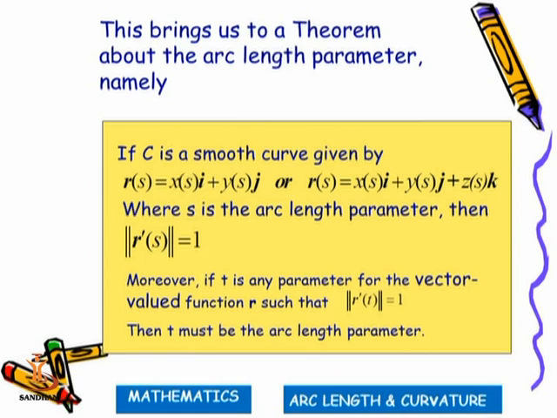Moreover, if t is any parameter for the vector-valued function r such that the norm of r'(t) is 1, then t must be the arc length parameter.